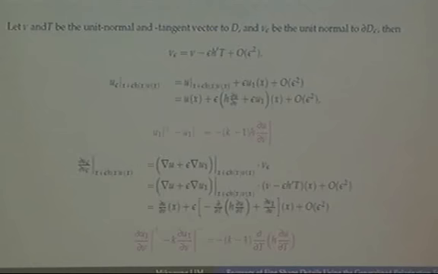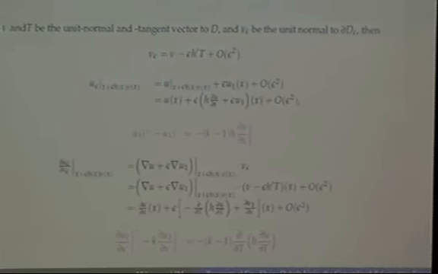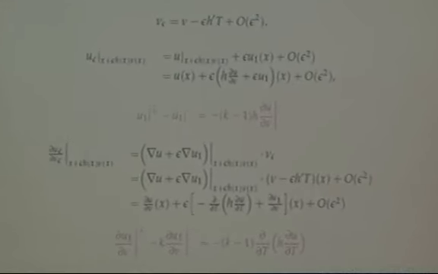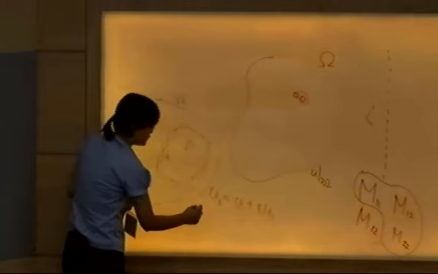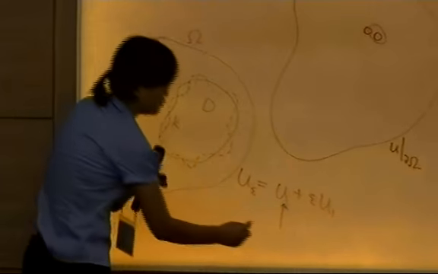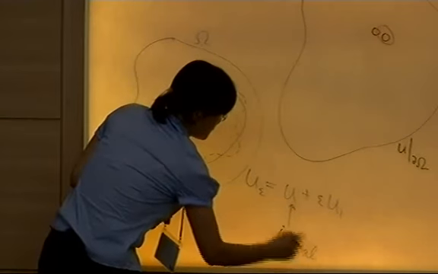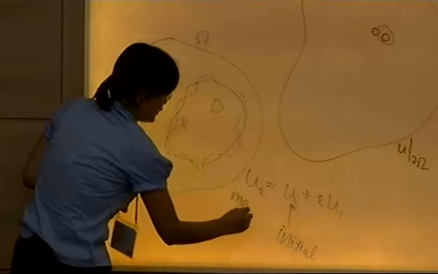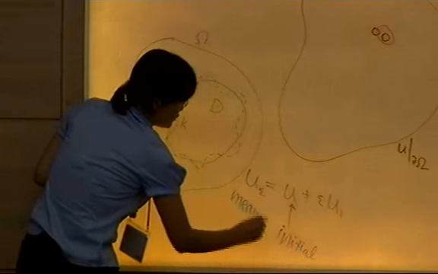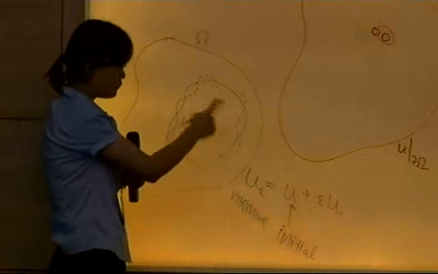So when you have measurement on the boundary of omega, since U corresponds to our initial guess, and U epsilon, we measure this function on the boundary of omega.